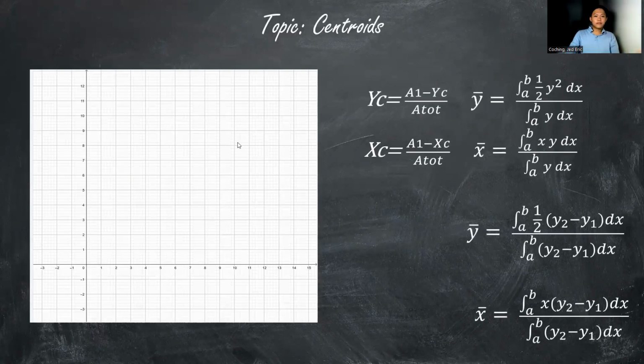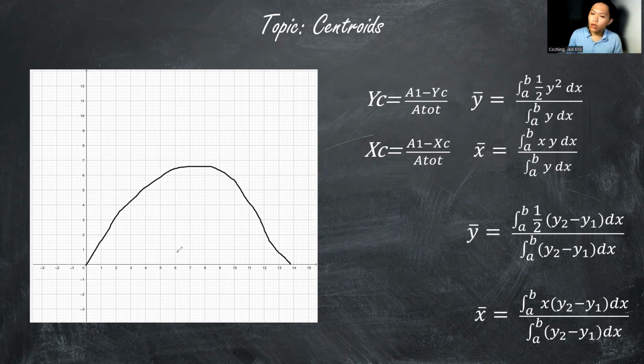So here we have centroids. Let's draw a random graph. So let's say this is a graph. As you can remember, the limits A and B refer to the corresponding x-axis, and C and D are on the corresponding y-axis.